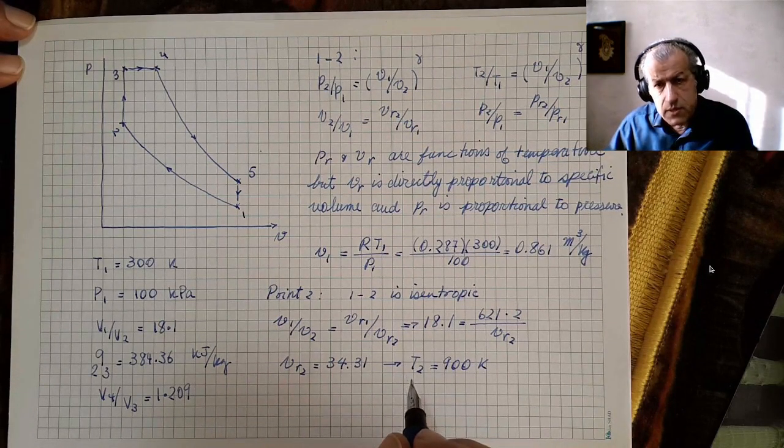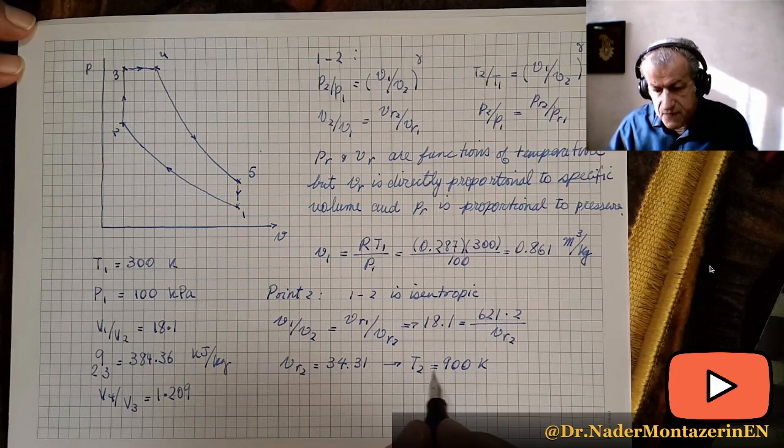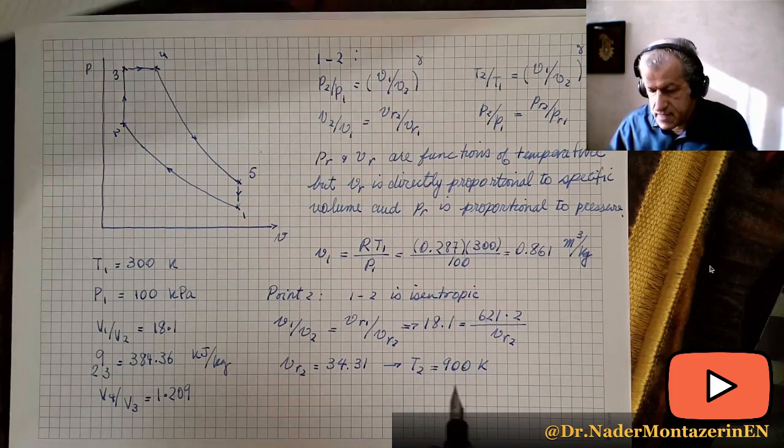If T2 is 900 Kelvin, then we could also complete the different boxes in this table.